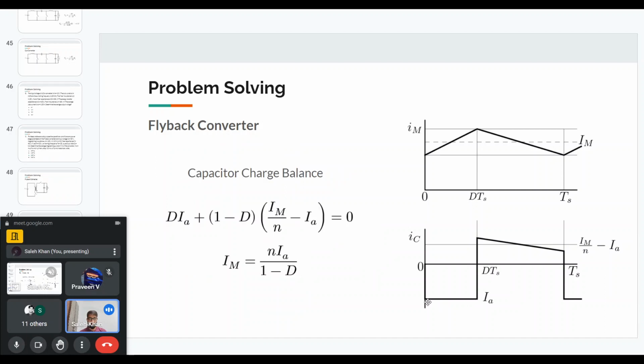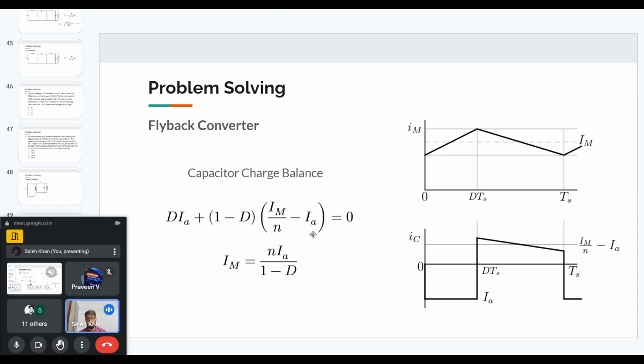So for the charge balance, we can say that in the 0 to dTs interval, times the Ia current, plus Im by n minus Ia into the 1 minus d interval. So I think this here should be minus Ia. So this should be d times minus Ia.